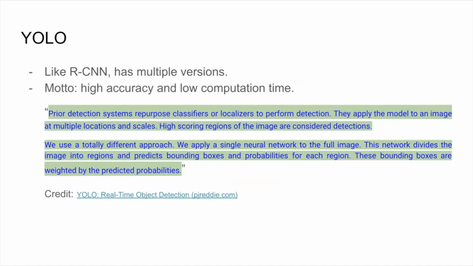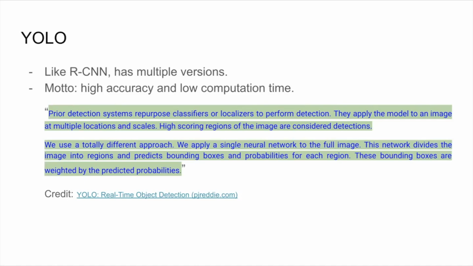So I feel like the prior detection systems repurpose classifiers or localizers to perform detection. You need to find objects in an image. What would you do? You just find regions where the object might be present and then detect the object, right? So it's getting a bunch of localizers and a bunch of classifiers and combining them.